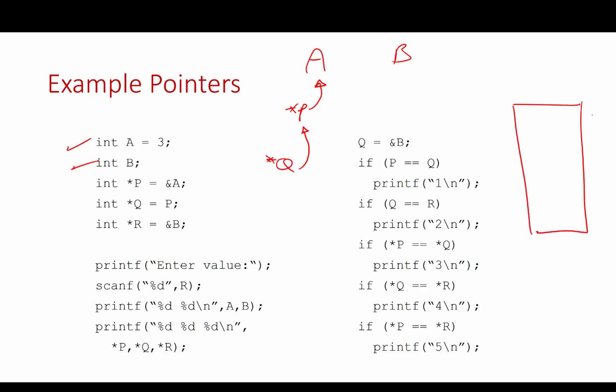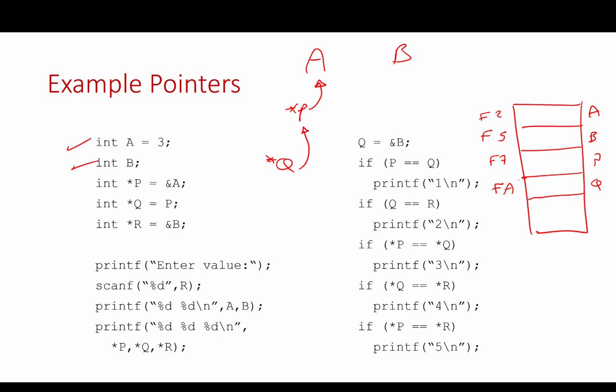Here is A, and here is B, and here is P, and here is Q. And let's imagine that we have here F2, F5, F7, FA. I'm trying to find random numbers. It doesn't have to be in sequence, actually.